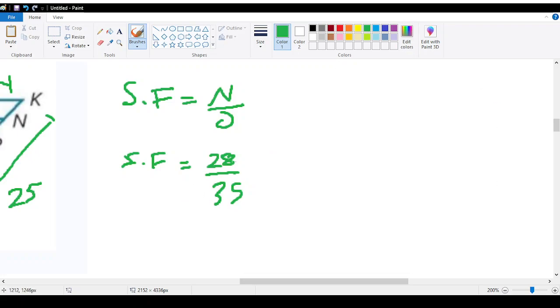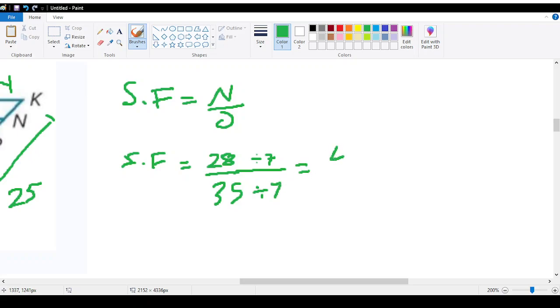So this is 5 times 7. 5 is not common, because you can divide this one by 5, but you cannot divide that one by 5. So let's divide by 7, because both could be divided by 7. Can we divide this on 7? Yes. Okay, yalla, 28 divided by 7, how much? 4.